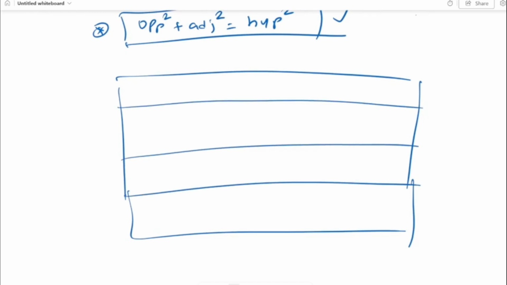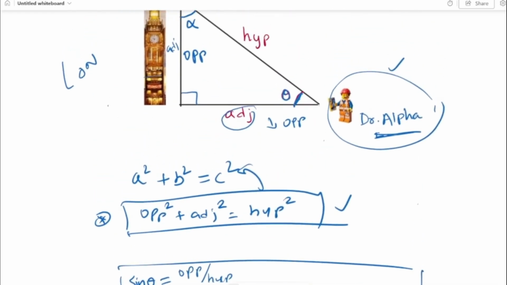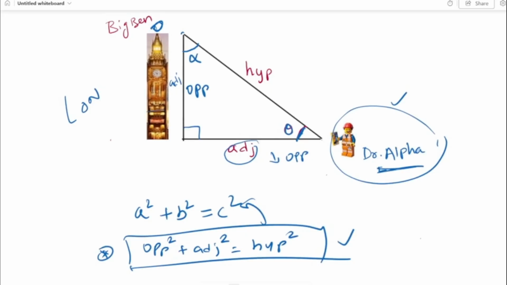I would rather suggest you memorize this. Sin theta. What is sin theta? Sin theta is opposite over hypotenuse. So for any given right angle triangle, this ratio, opposite over hypotenuse, is called sin theta.